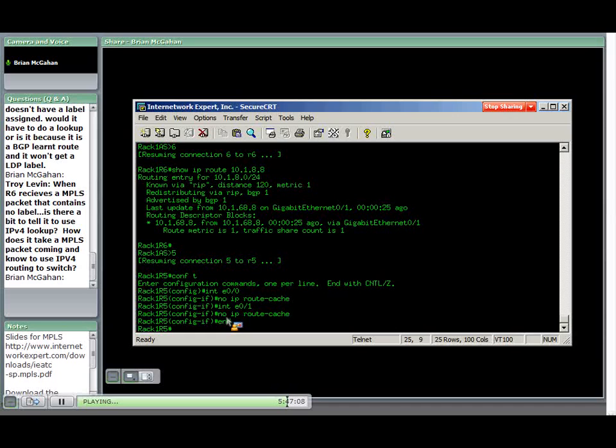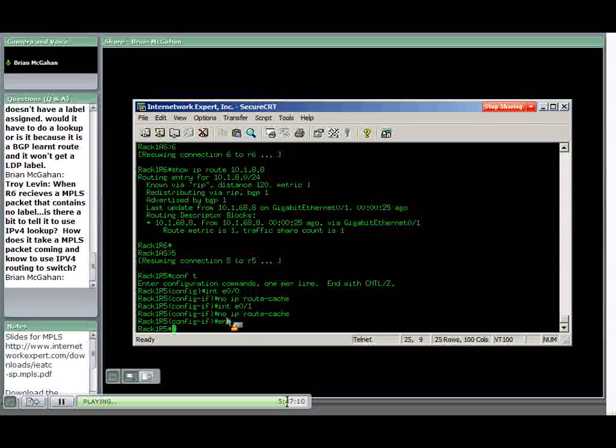Okay, MPLS is dependent on IGP for label distribution, then it is dependent on BGP for its tunneling mechanism to do its routing lookups. Okay, technically you can do MPLS without using LDP, TDP, or RSVP. You can do it just with BGP.